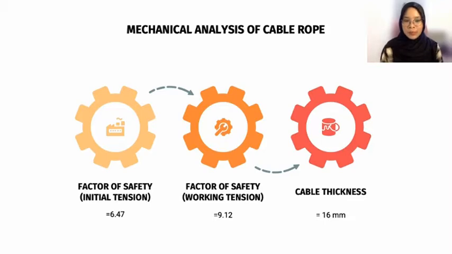For the suspension cable, a factor of safety of 5 is required by ISO 4375. Hence, the initial tension and working tension are calculated. The initial tension factor of safety is 6.47 while the working tension is 9.12. Since both safety factors exceed the recommended factor of safety of 5, the system is safe.